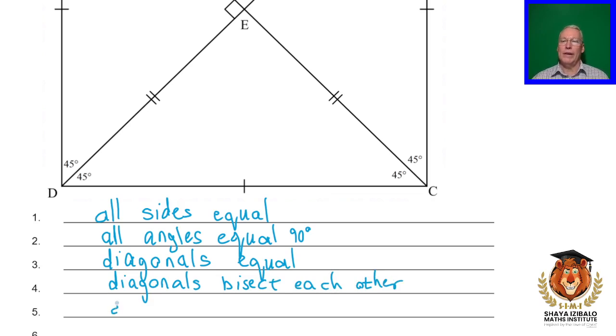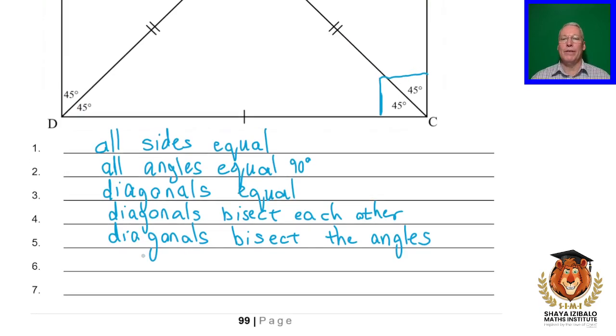All right, the diagonals bisect the angles. So we can see we've got a 90-degree angle here, but the diagonal cuts it into two equal parts of 45 degrees.